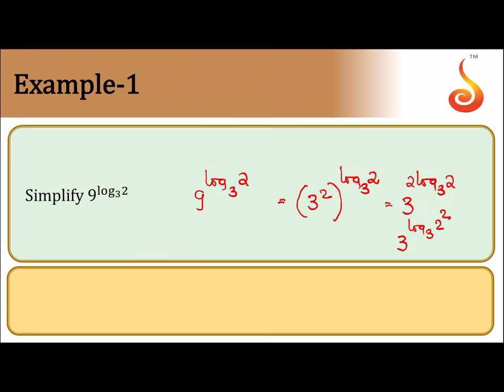So this can be written as 3 to the power log base 3 of 2 squared. So what theorem did we study? A to the power log base a of x equals x. Here a is 3. So the answer will be 2 squared, which is equal to 4.